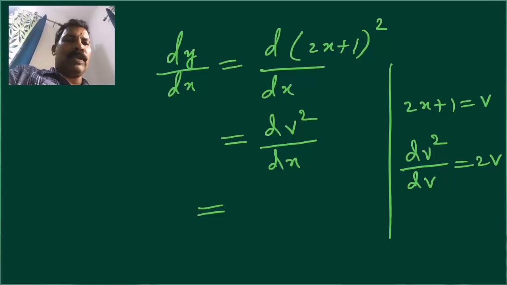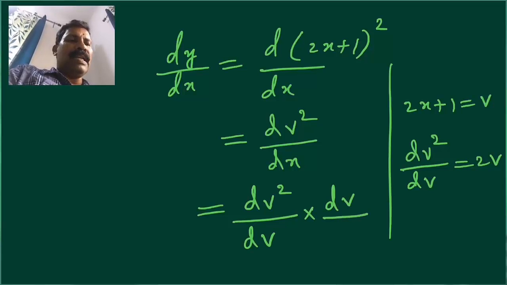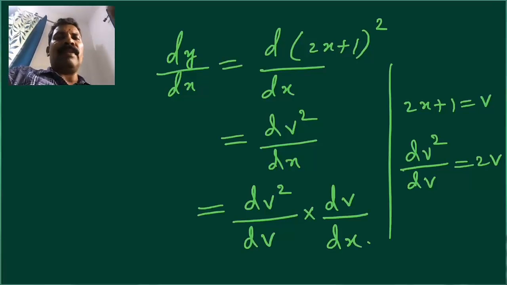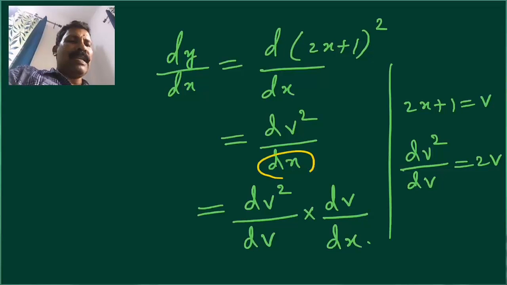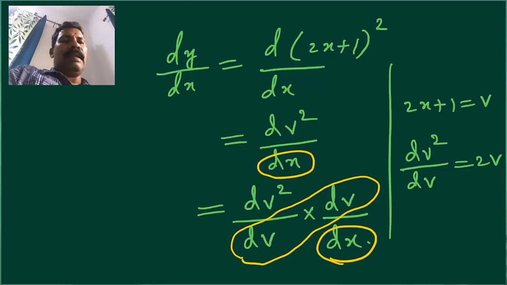So let us change the variable to v, and then we compensate by dv in the numerator. Then dx is there and dx is here, and the effect of these variables gets nullified. Now we can find the derivative.